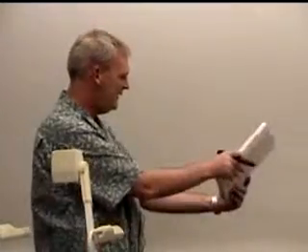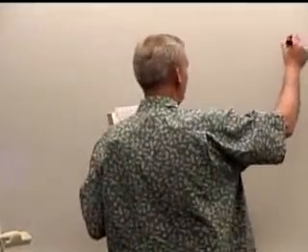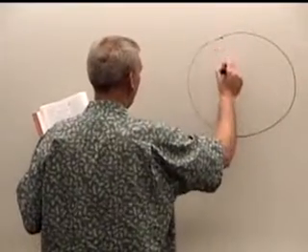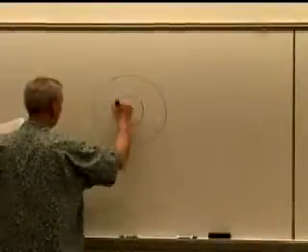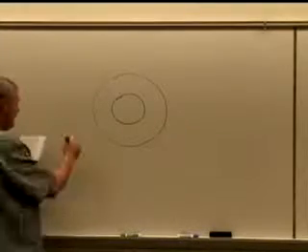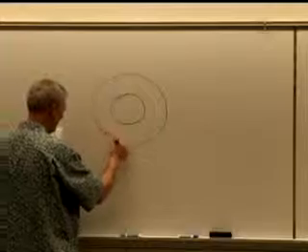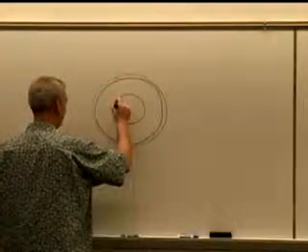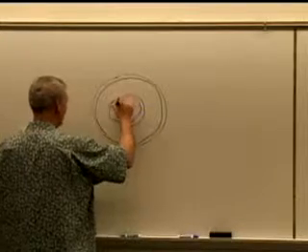Here's what problem 52 says. It says here, two spherical shells have a common center. So let's draw two spherical shells with a common center. Means they're concentric shells. And they're shells, so this has a thin thing here, and this will have a thin thing here.